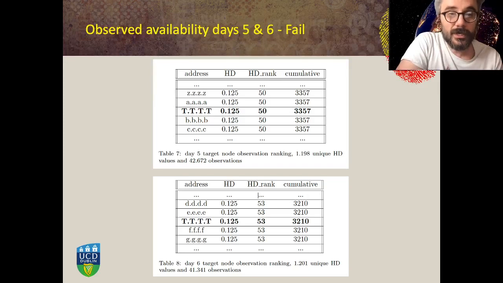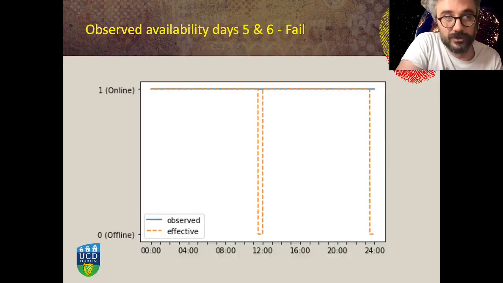So it was not very promising. And when we looked at the observed availability pattern, this time it shows 100% availability. There were no transitions detected at all due to the internal timeout that I described before, and there was no way to apply any filtering to cancel the noise introduced by this timeout.